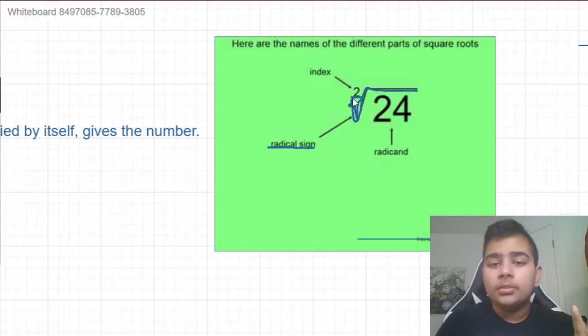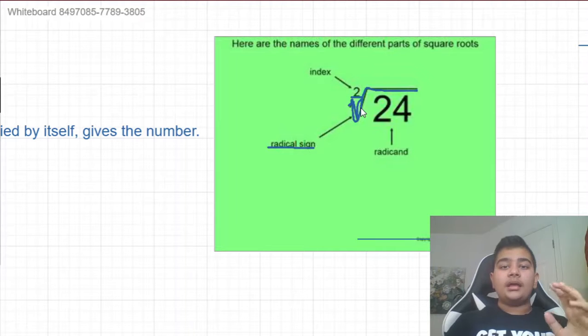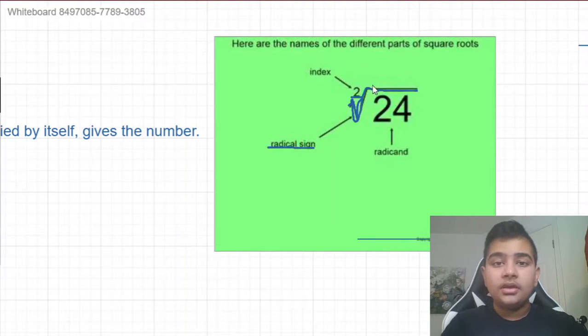So you don't normally have to put 2 unless you're doing cube root or something else. So if you're doing square root, this sign should be enough. When you use the sign, you don't need to write 2, because it automatically assumes 2, unless you're doing cube root instead of square root.